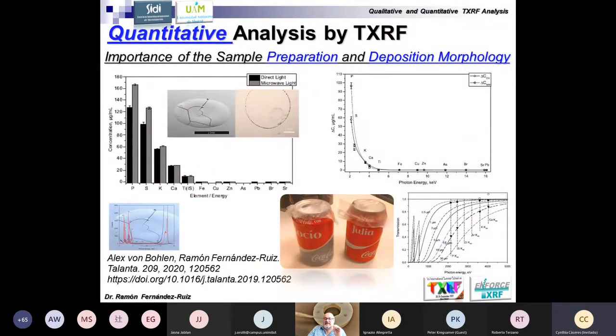Only this case, for example, a very easy question. We are going to analyze Coca-Cola, a Coke beverage. Very easy, no problem. We eliminate the carbon dioxide, the bubbles of gas, and it's okay. It's a liquid.